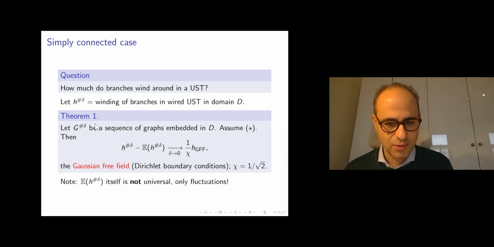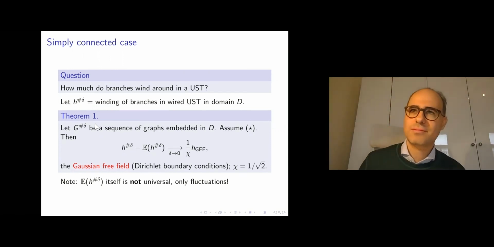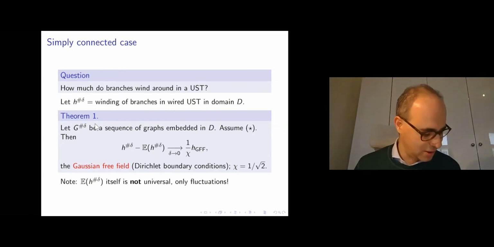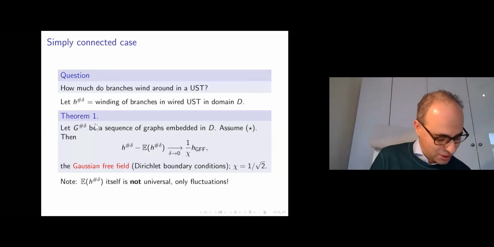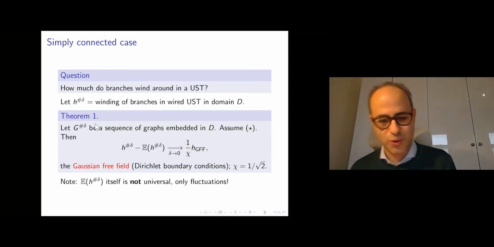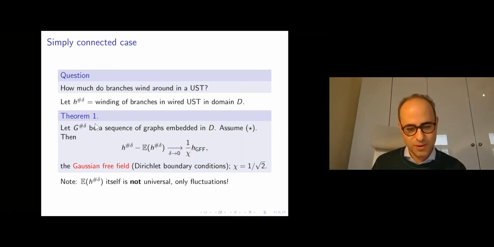So for me, it's measured in units of 2 pi rather than in units of numbers of dimers. But modulo these normalizations, it is really the same constant as you saw in Marchin's talk an hour ago. So that is what the theorem claims.